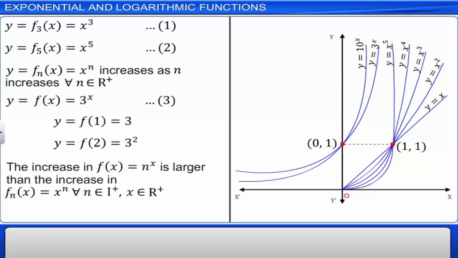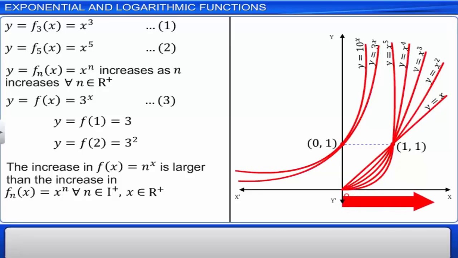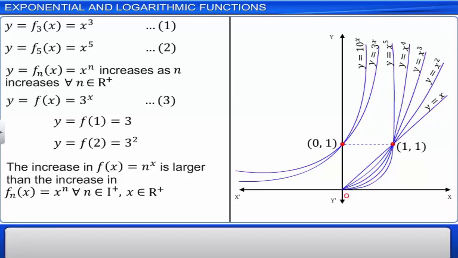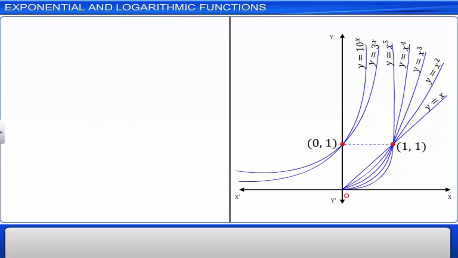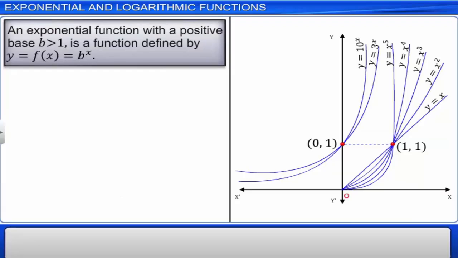In all the functions, the graphs grow as the value of x increases. Such types of functions are called exponential functions. Mathematically, an exponential function with a positive base b greater than 1 is a function defined by y = f(x) = bˣ.